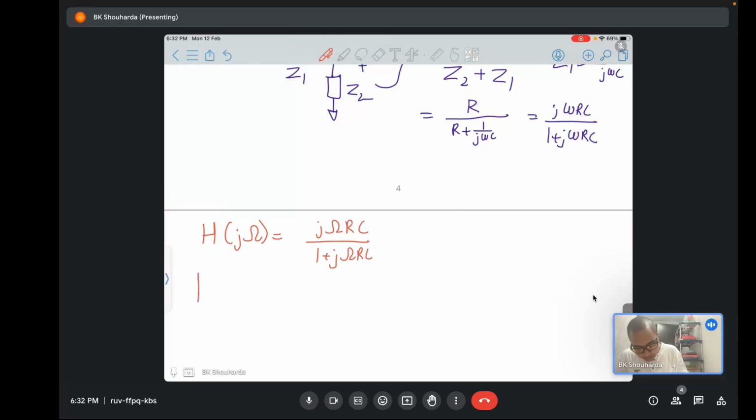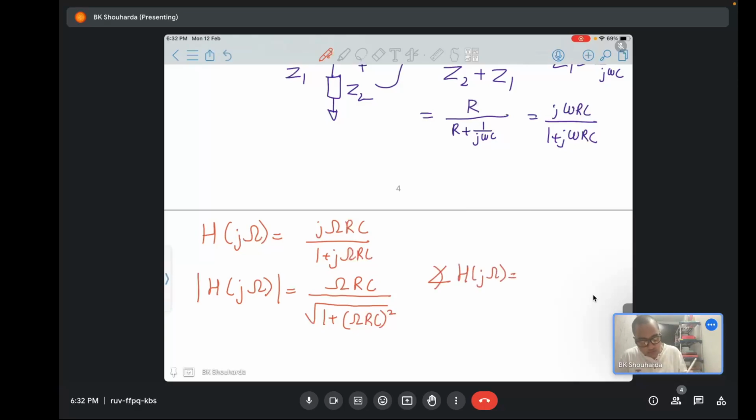Let's take its magnitude. The magnitude of the numerator is simply omega RC, because it's an imaginary number. And the denominator is the square root of 1 plus omega RC whole squared. Okay, that's the magnitude. And what's the phase?